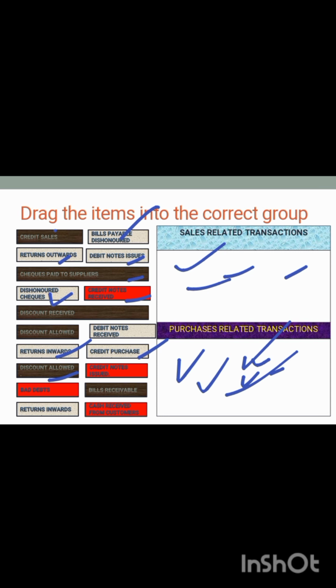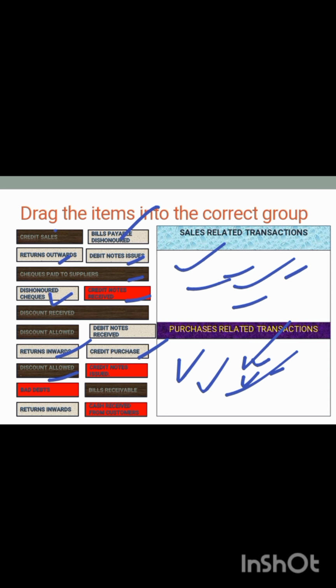Then credit note issued. So where do you think this should be? It should be in the sales related transactions. And bad debt. Of course, you can only have bad debt when you must have sold goods to customers that are not willing to pay back, for one reason or the other.